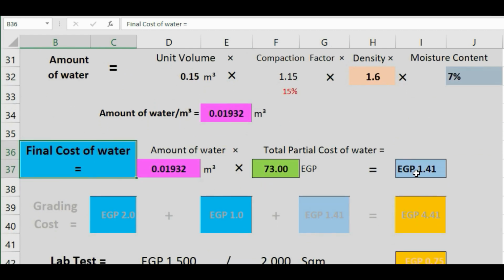It means that the result is 1.14 Egyptian pound for water cost.